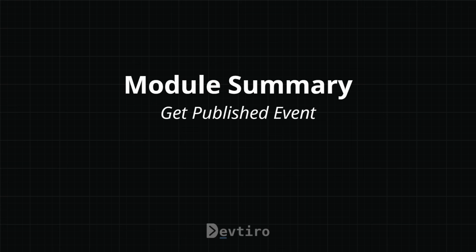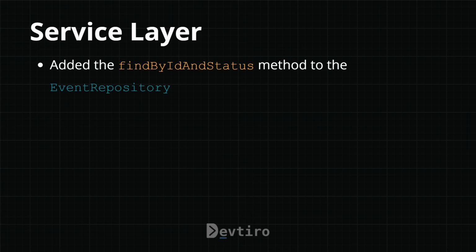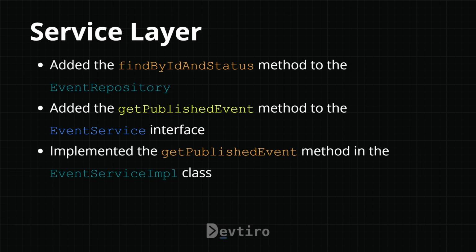So let's recall what we've achieved in the get published event module. In service layer, we added the find by ID and status method to the event repository, and added the get published event method to the event service interface, and implemented the get published event method in the event service impl class.